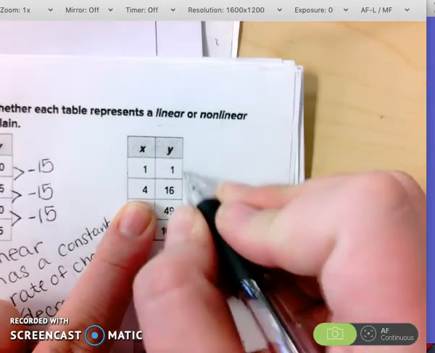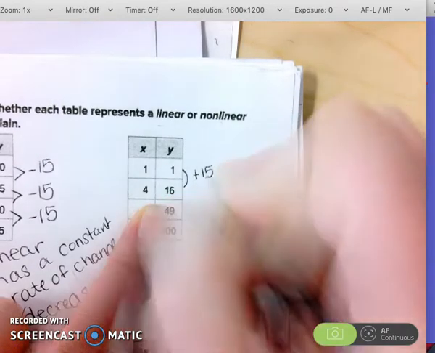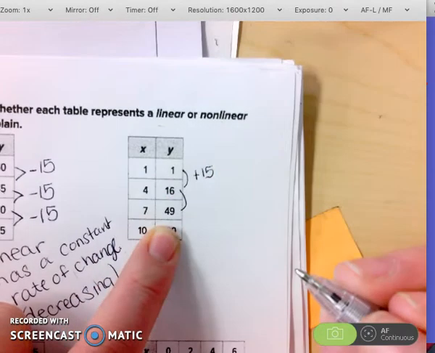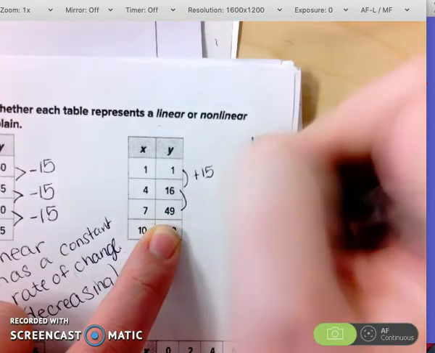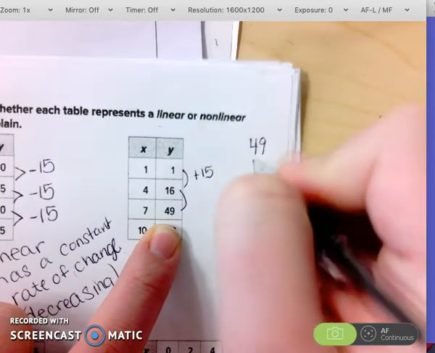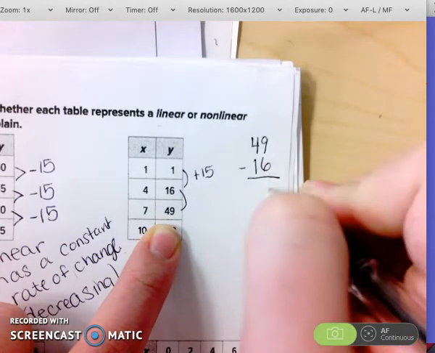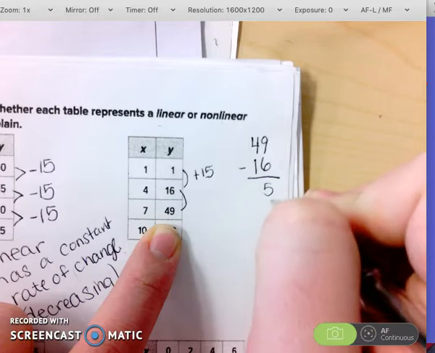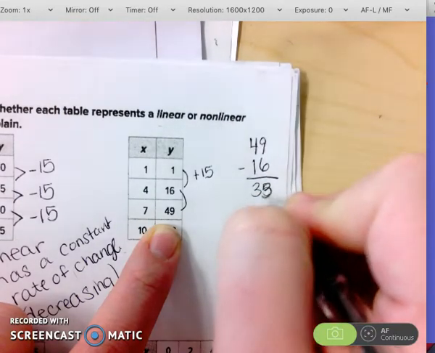Here, the change from 1 to 16, I'm adding 15. 16 to 49, I can't do that as quickly in my head, so I'm going to take 49 and subtract 16. That's 33, sorry.